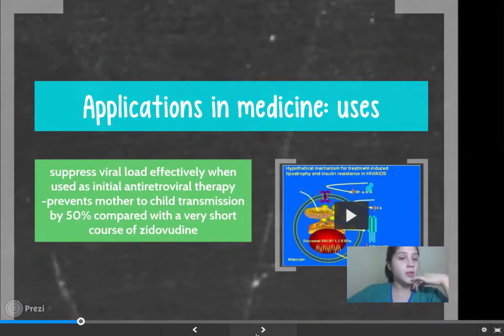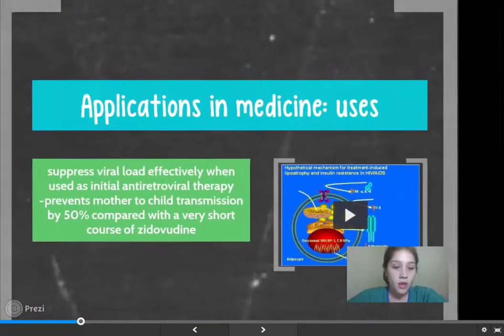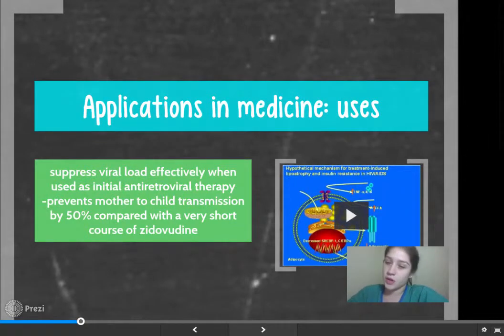So yeah, continuing with applications in medicine, what are the uses of this drug? The main use is that it suppresses viral load effectively when it is used as an initial antiretroviral therapy. It also prevents mother-to-child transmission by 50% compared with a very short course of another drug, Zidovudine.